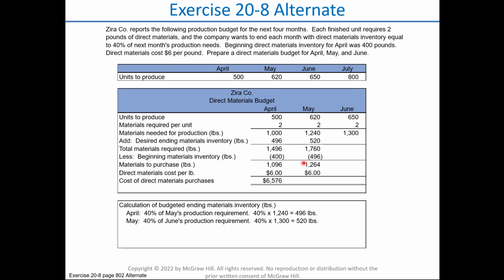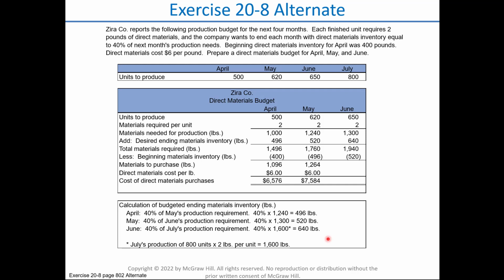Subtract, multiply by $6 to get the total cost. In June, we want 40% of July. July is here, 800 times 2 pounds of direct materials per unit times 40% is 640.